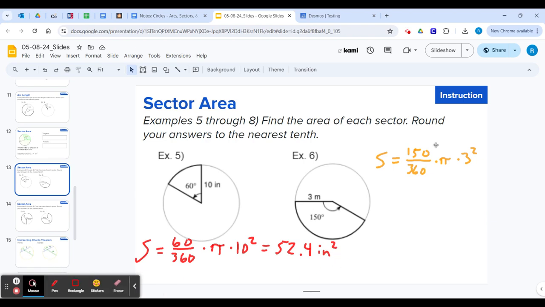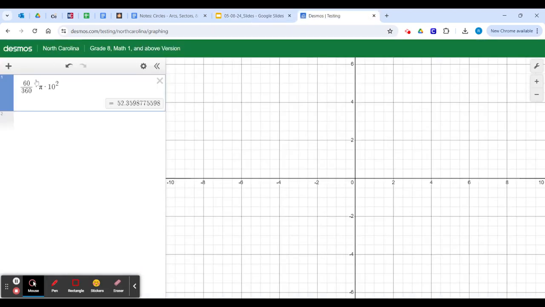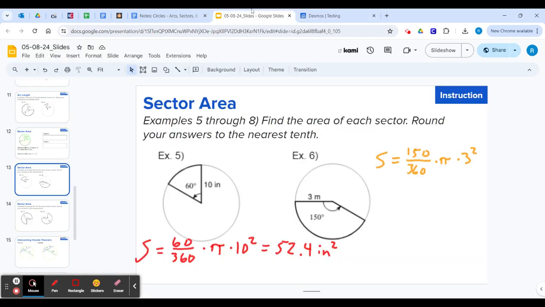The next one that we have set up, 150 over 360 times pi, and our radius is 3. I'm going to throw that in there instead. We get 11.8. And this unit is in meters, so we have meters squared there.